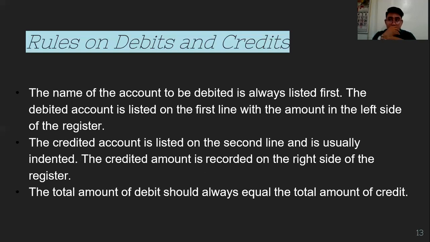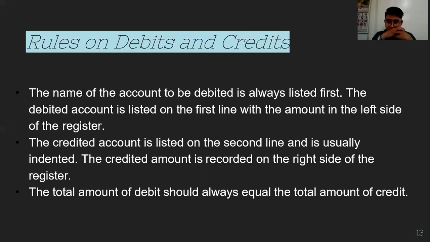Okay? Ibig sabihin po, after natin kay debit, we will proceed na kay credit. Ilalagay natin siya sa second line, then usog-usog po natin siya para hindi siya tumapat kay debit. The credit amount is recorded on the right side of the register.